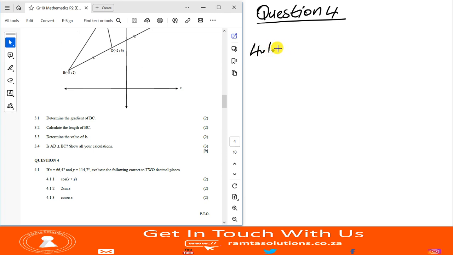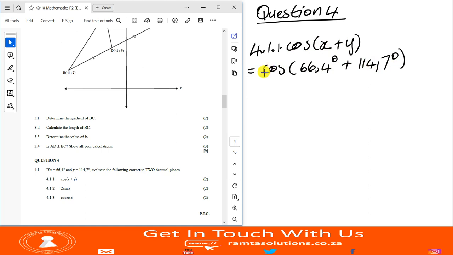4.1.1, we are evaluating cos(x plus y). They said x is 66.4 degrees and y is 114.7 degrees. So what is happening, guys? Because you are using a calculator, you don't have to simplify all that is inside this bracket.